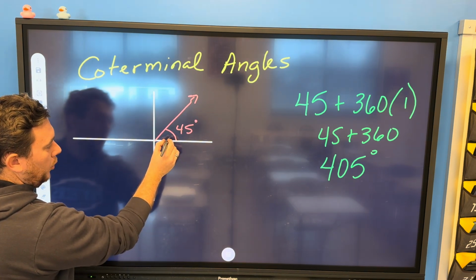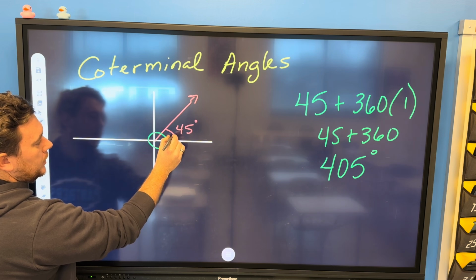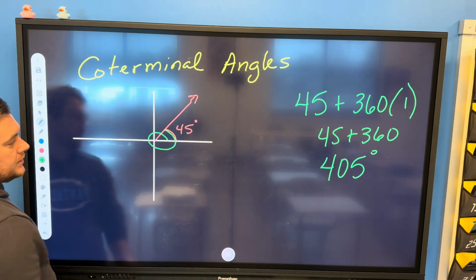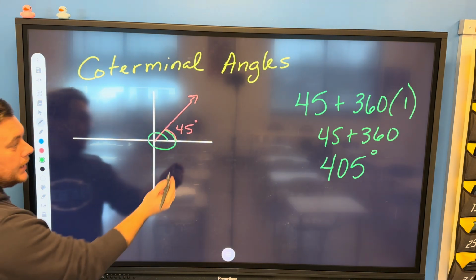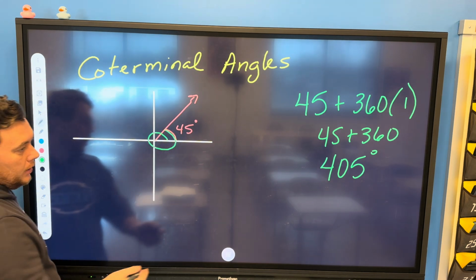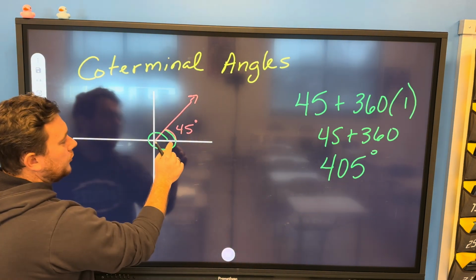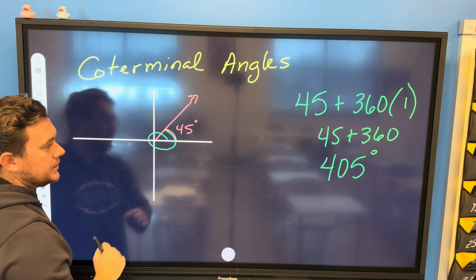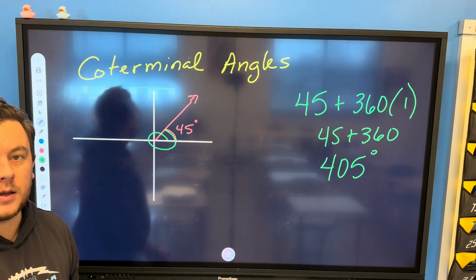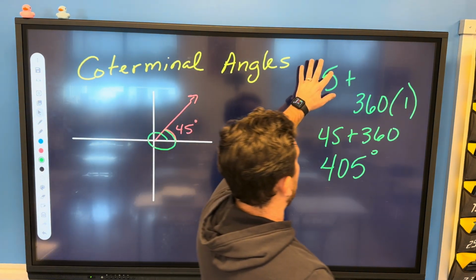Starting from this same point, if we rotate all the way around one full rotation, and then we keep going that same 45, we get back to this same exact point. If we rotate 45 degrees, and if we rotate 405 degrees, that ends up being at the same place. That's what our coterminal angles are.